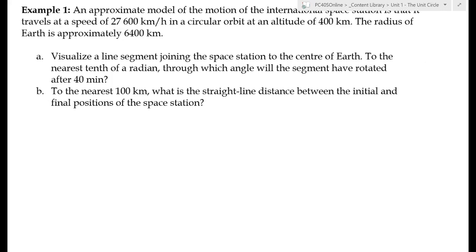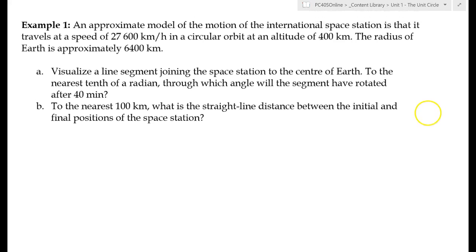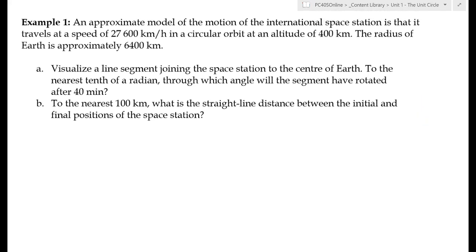An approximate model of the motion of the International Space Station is that it travels at a speed of 27,600 kilometers an hour in a circular orbit at an altitude of 400 kilometers. So that's 400 kilometers above the surface of the Earth. The radius of the Earth is approximately 6,400 kilometers.